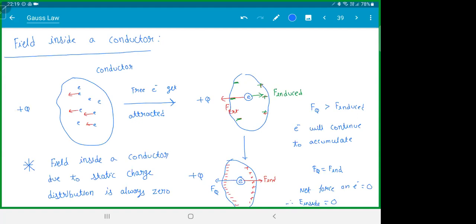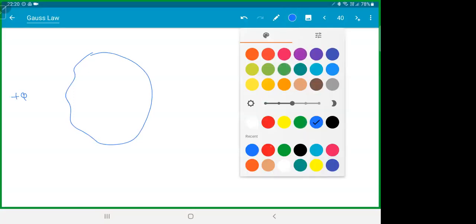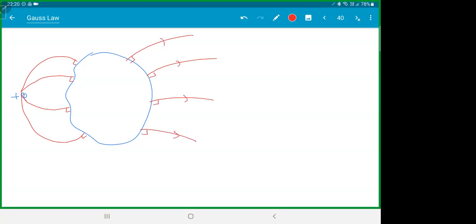If you put a conductor in a field, no matter what you do, the field inside will be 0. That means this is the final diagram. If you have a conductor and a charge Q, the field lines will be like this. This is important, they did ask something like this. The field lines will enter the conductor perpendicularly and leave the conductor perpendicularly.